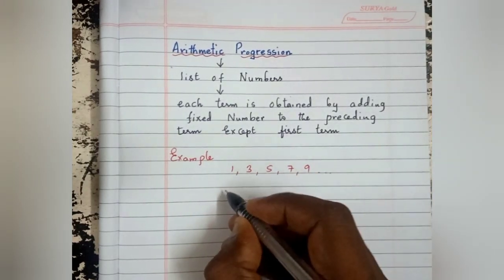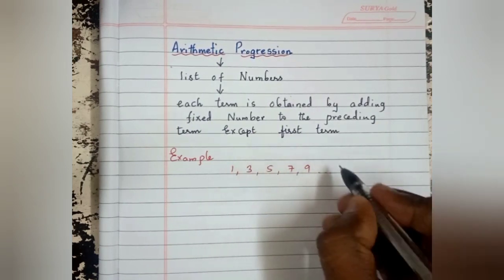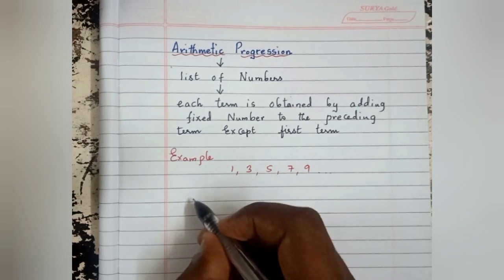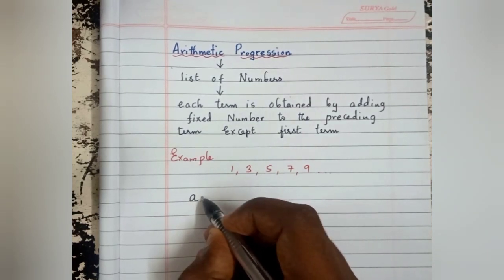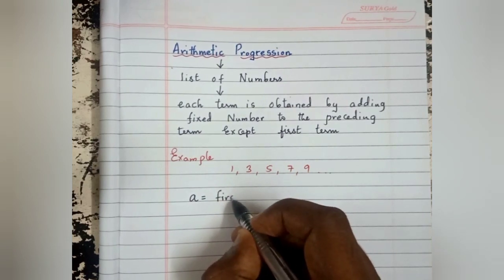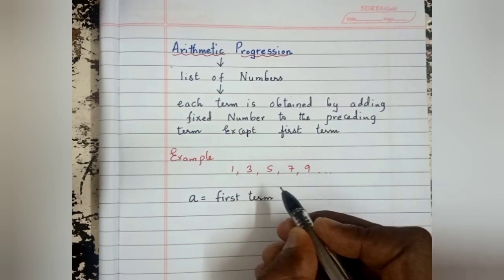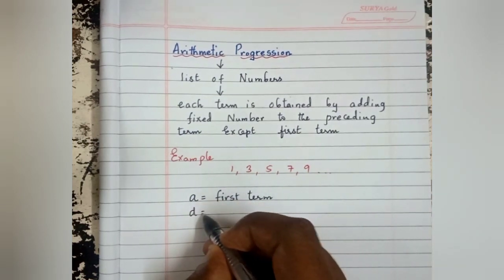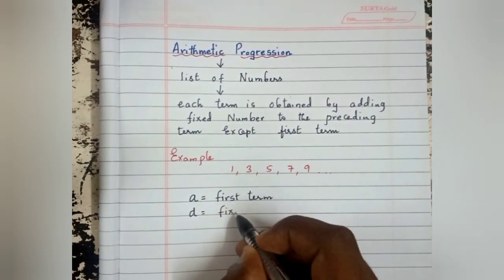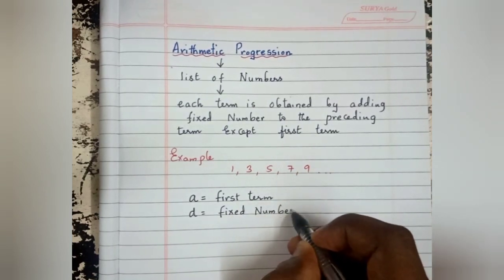Now, here the first number I denote as A and the fixed number I denote as D. So, A equals first term, and D is the fixed number, otherwise I can say common difference.